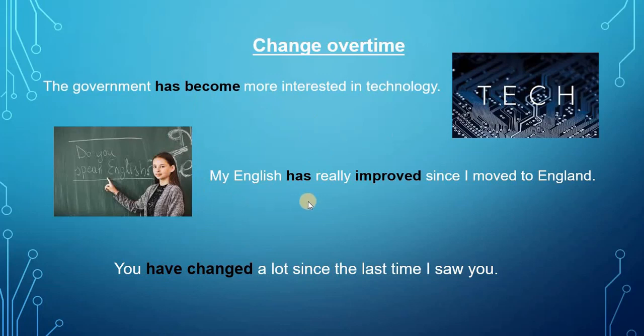My English has really improved since I moved to England. You have changed a lot since the last time I saw you. So again, in all these 3 examples, we are using a present perfect: has become, has really improved, have changed. We use a present perfect to describe progressive change.